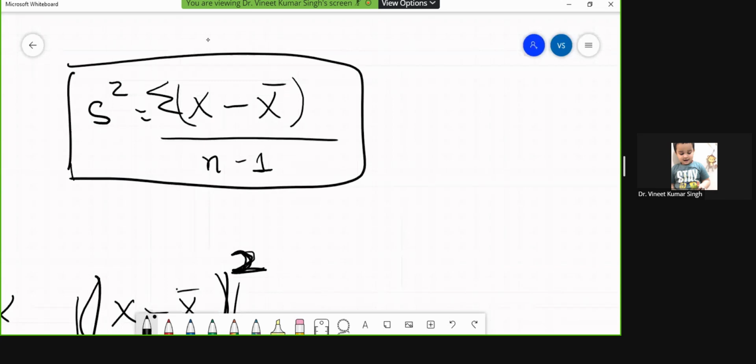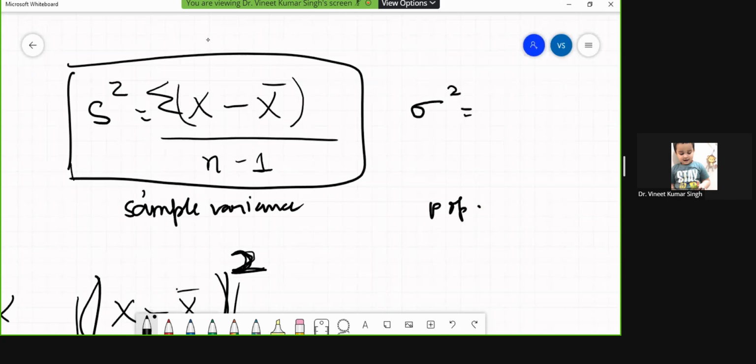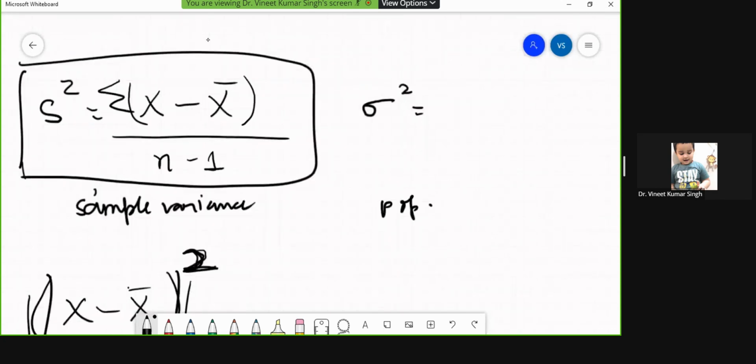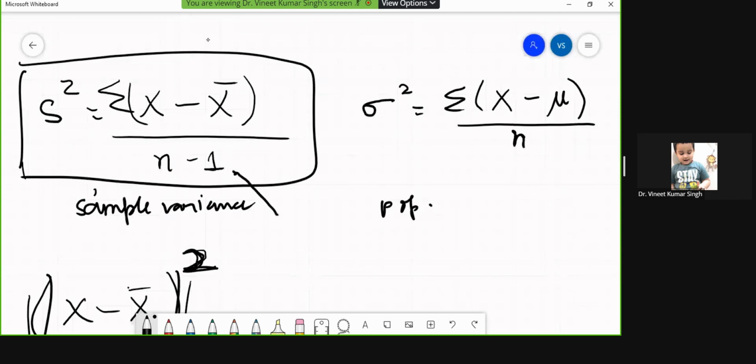So this is the variance of sample, s square, and population variance is known as sigma square, equal to the same thing, x minus mu, where mu is population mean, upon n. N is the population size. So every time in sample we take n minus 1, and in population we take n.